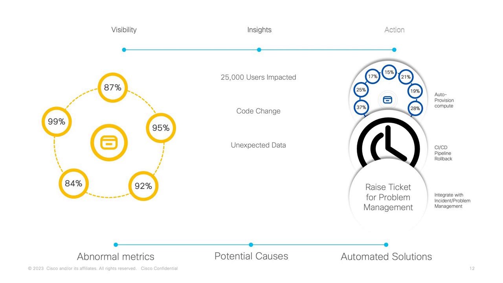We then identified that there were a couple of potential causes, such as a code change or unexpected data. Once we have that information, businesses can decide on the next step, whether that be automatically optimizing infrastructure resources and costs, triggering automated workflows, or rolling back poor quality code from production environments.